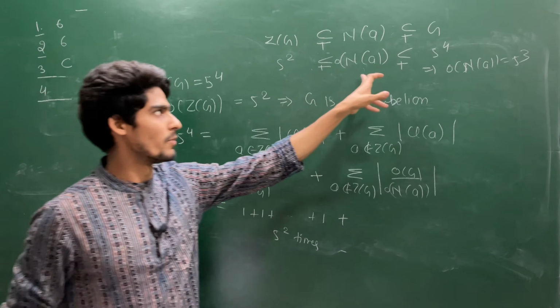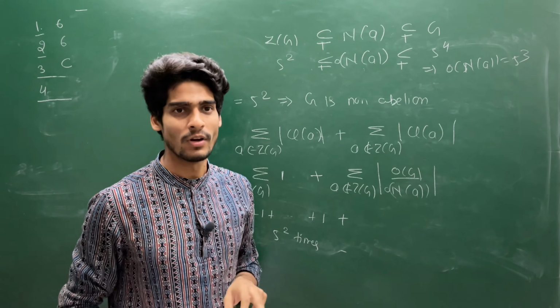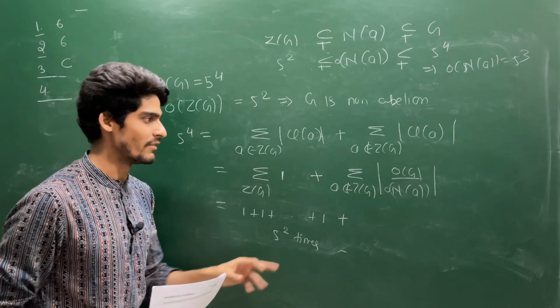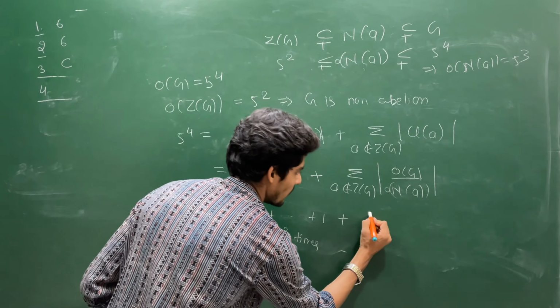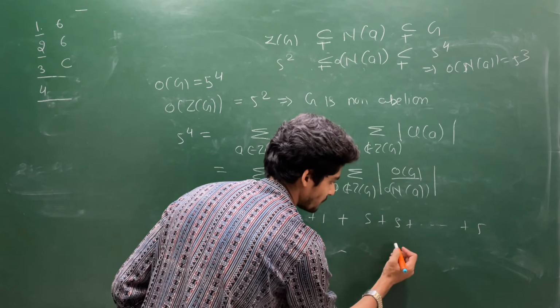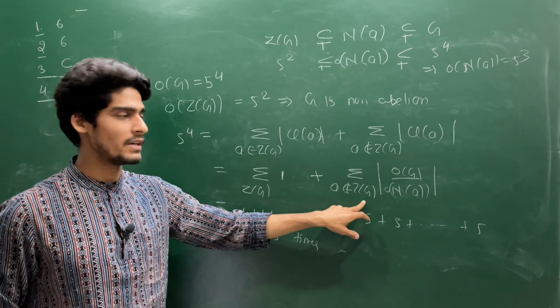If order of normalizer is 5 power 3, so what is the order of this? Order of G divided by order of normalizer of A will be 5 power 4 divided by 5 power 3, that will be 5. So you will have 5 plus 5 plus 5, as many times as your A is not in ZG.